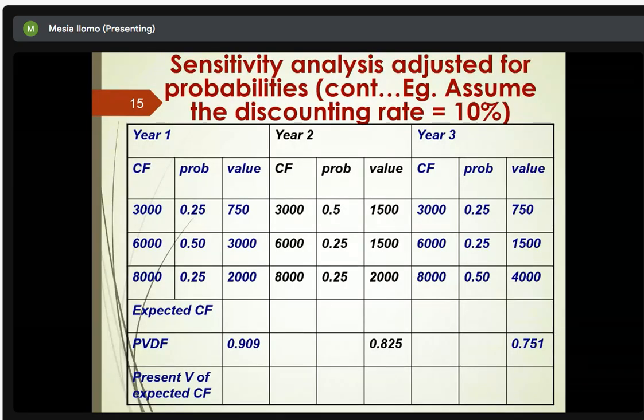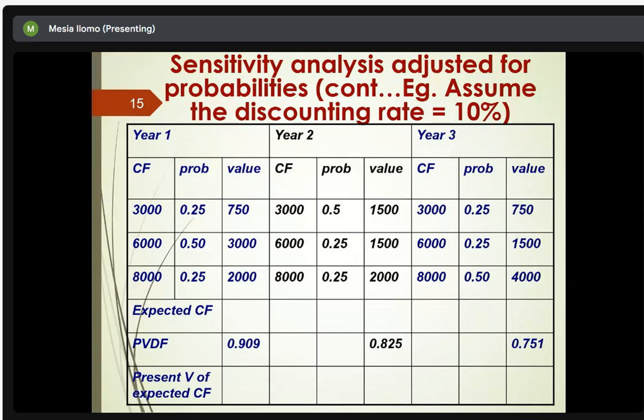So you do the same for year two and year three. What is the total expected value for year two? 5,000. Okay, and for year three? 6,250.